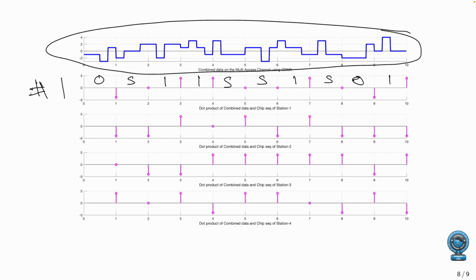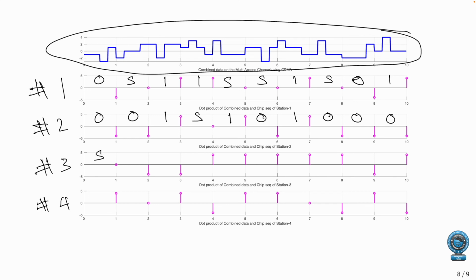Similarly, you can see station 2, station 3 and station 4, what they have sent, we can extract from the combined data. Here it has sent 0, here 0, here a 1, he remained silent, he sent a 1, a 0, a 1, a 0, 0, 0.